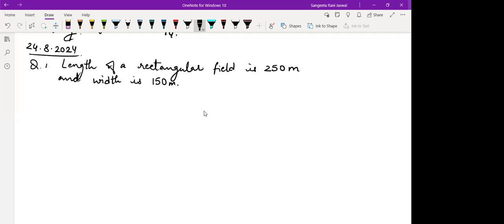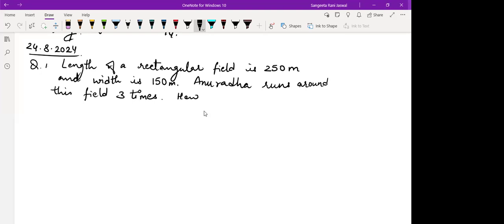Okay, children, see the question. The length of a rectangular field is 250 meters and the width is 150 meters. Anuradha runs around this field. You can please write down the question. She runs around the field 3 times. How far did she run?